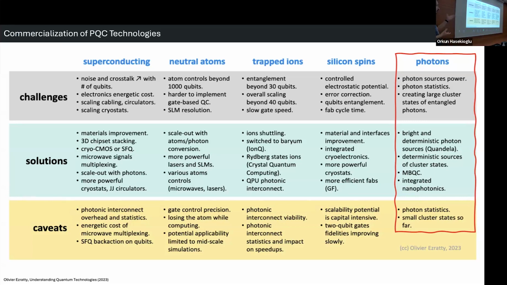So you require, for example, a bright and deterministic photon source, which means, if you remember the first day talk, you want to emit a photon when you want. It shouldn't happen when it wants, because I want to control the measurement or gate, but we can find clever ways to overcome this obstacle. You also need a deterministic source of cluster states.